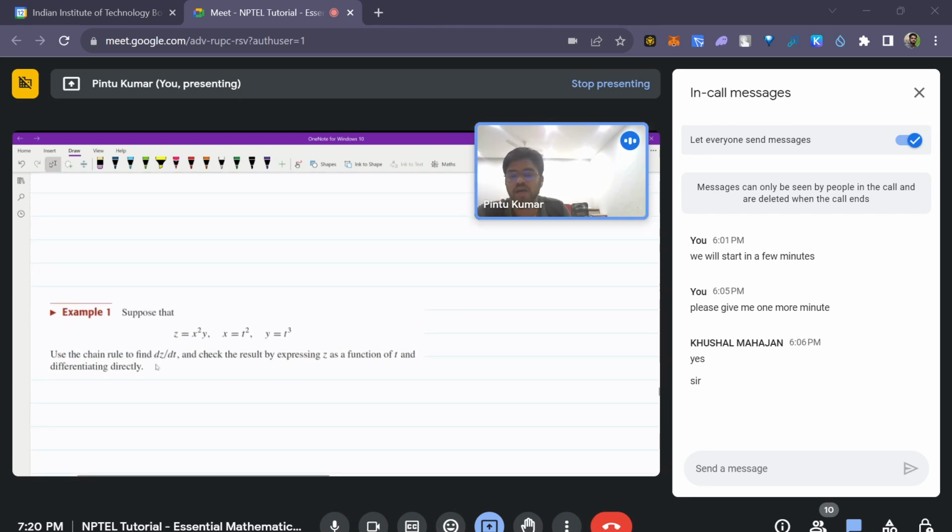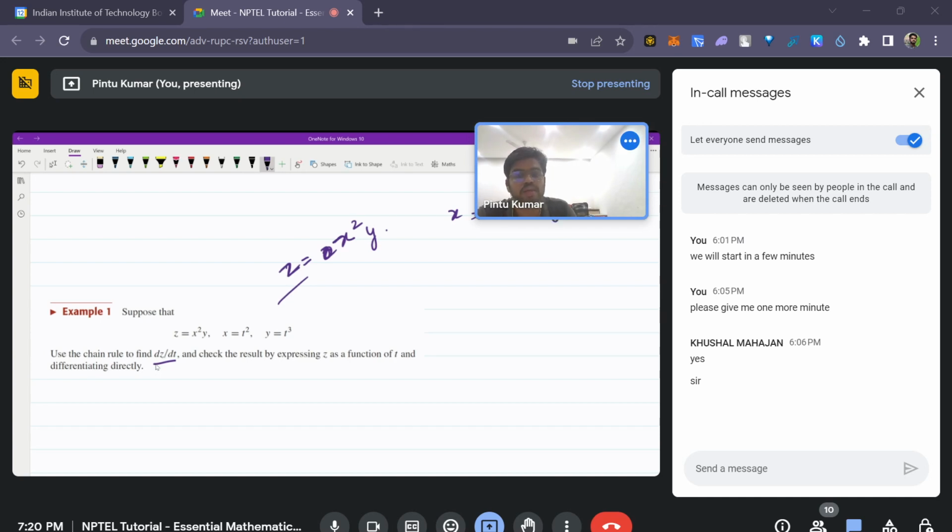It says that we have to find dz by dt using two methods. One method: let's say it is given that z is x square y, and x is given to be t square and y is given to be t cube.